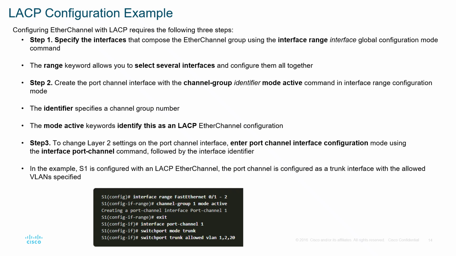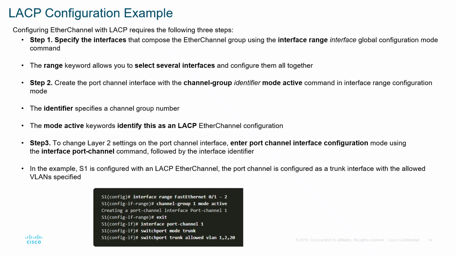Step 2, create the port channel interface with the channel-group identifier mode command. Make sure the mode is active in interface range configuration mode. The identifier specifies a channel group number. The mode active keyword identifies this as an LACP EtherChannel configuration.